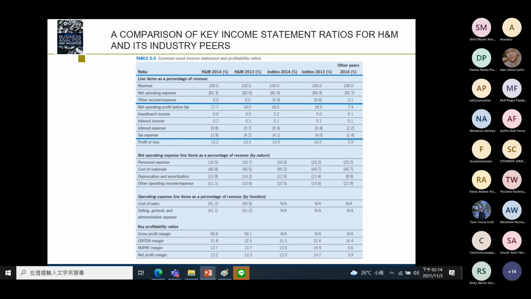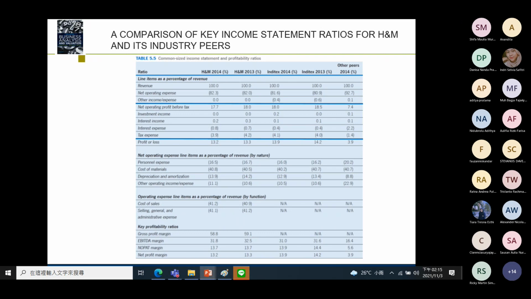Some firms classify their operating expenses according to function. The composition of operating expenses by function is potentially more informative than the composition by nature.